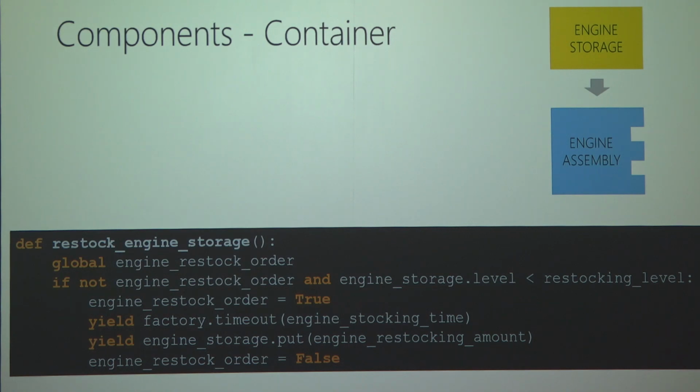So if we're not ordering yet, and our engine storage level, so that's just the amount of resources in this container, is below some kind of level, then we're going to place an order. The order will take some time to arrive, so we have to wait for that, the yield, and then we will put that amount into the system.